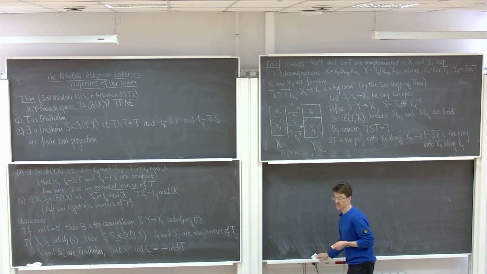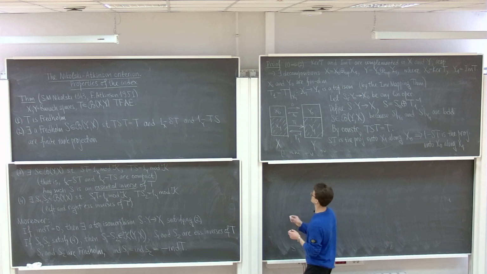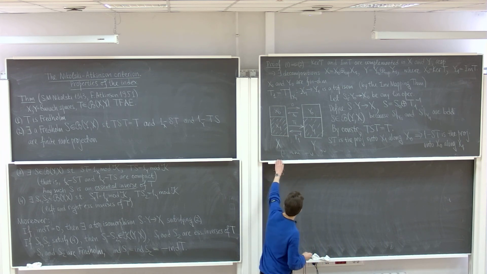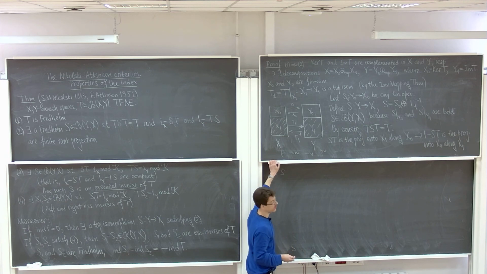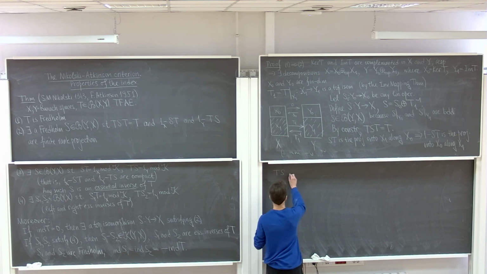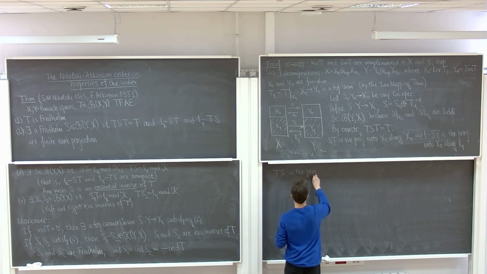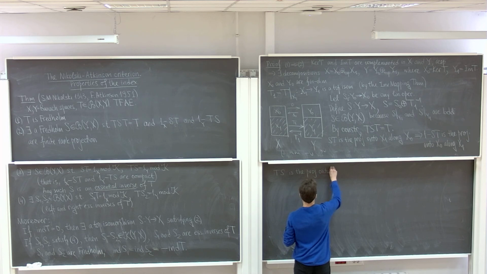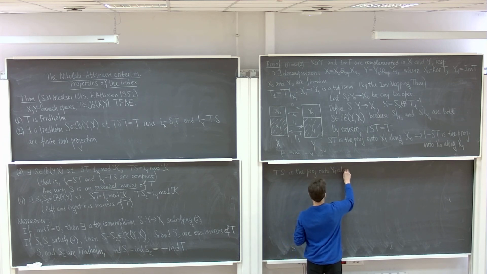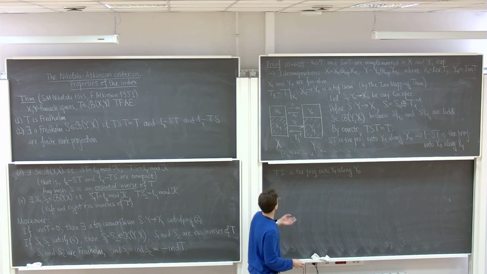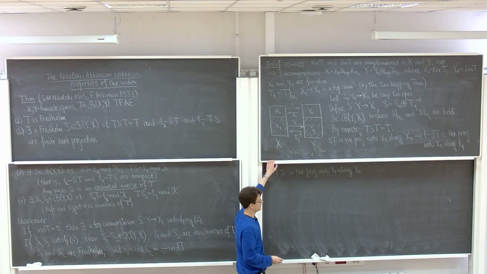Similarly, if we now look at TS, so what is TS? Well, TS is the projection of y onto y1 along y0. Again, by construction, it takes y0 to 0, and it is the identity map on y1.